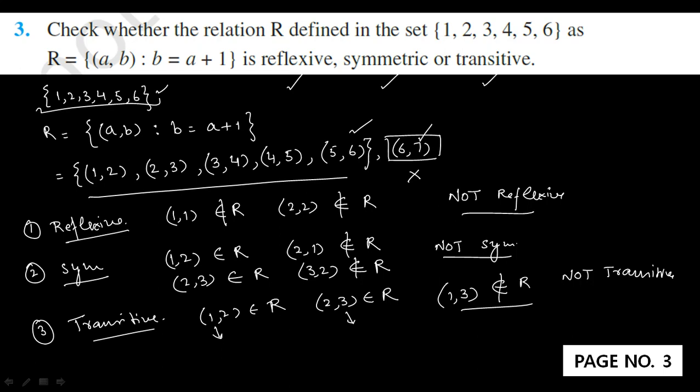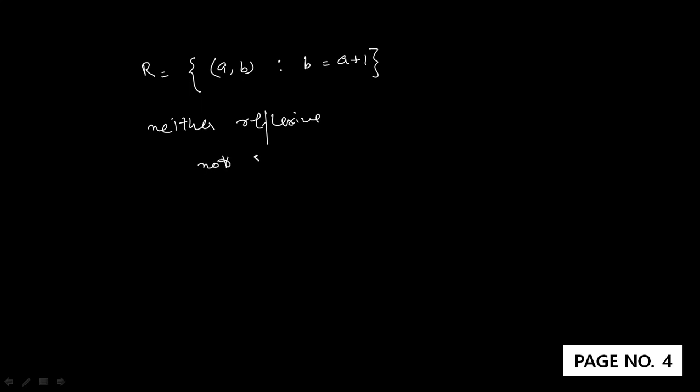Okay. It means if I am talking about R, AB such that B is equal to A plus 1, this one is neither reflexive nor symmetric nor transitive. This one is our third question. Okay.